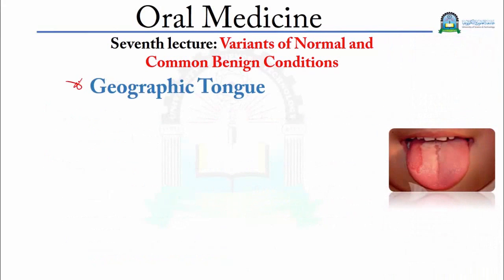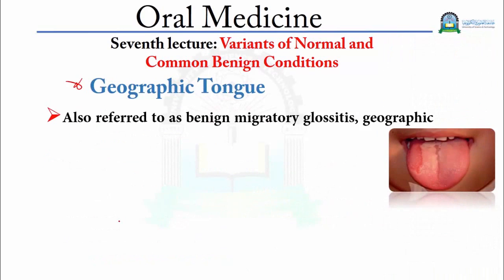Geographic tongue, also referred to as benign migratory glossitis. Benign because this lesion is a benign condition.